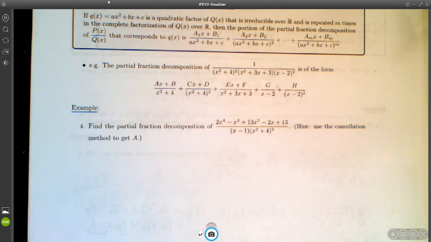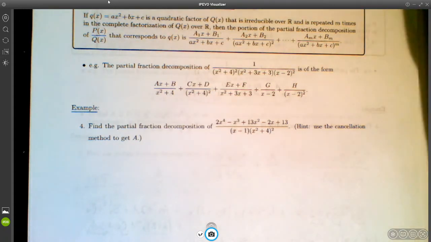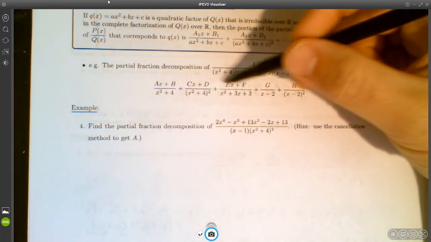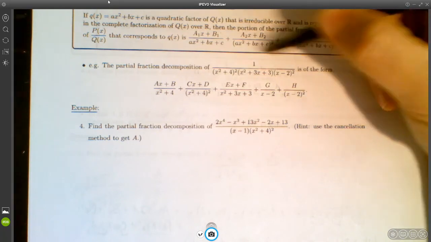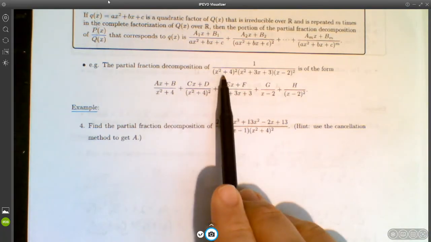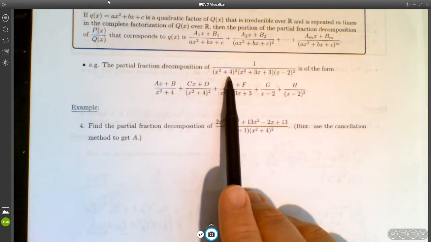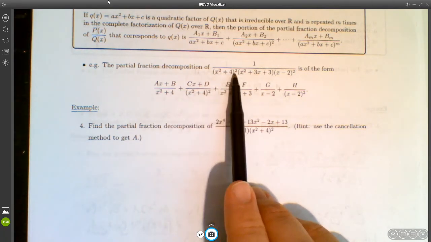Okay? Let me give you an example of this. Let's say that we're trying to find the partial fraction decomposition of this nasty mess. X squared plus 4 is irreducible over the reals, right? If it factored, it would factor as x plus or minus 2i. So it's irreducible over the real numbers, and it's repeated twice.